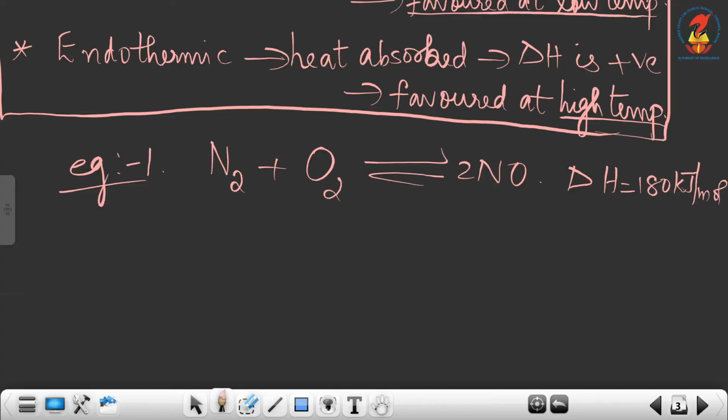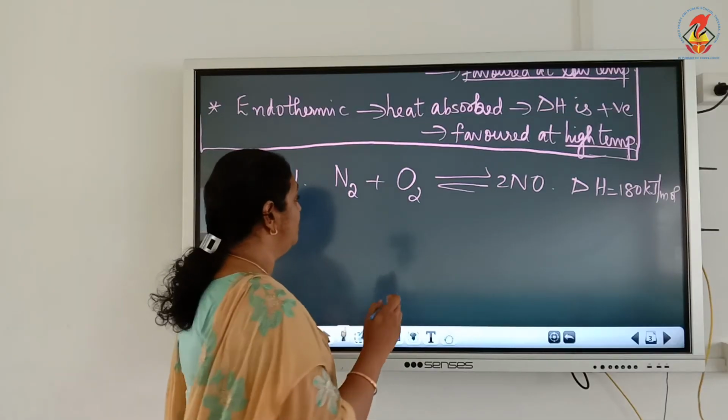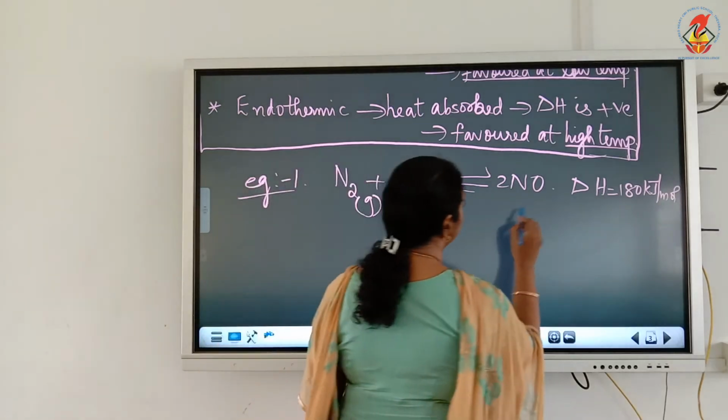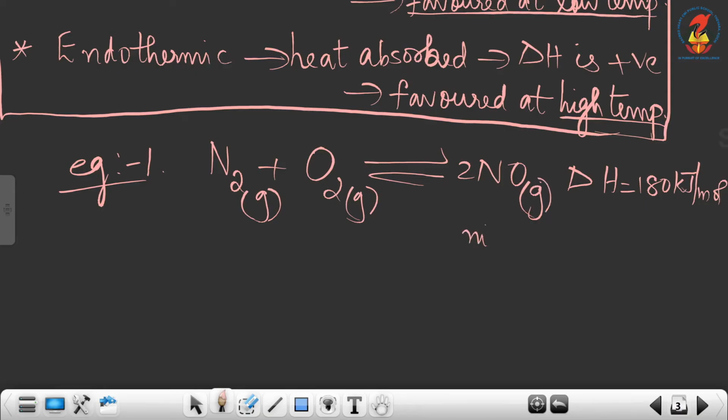Here nitrogen gas plus oxygen gas, all in gaseous state, gives nitric oxide, NO. The value of delta H is 180 kilojoule per mole, which means it is positive.